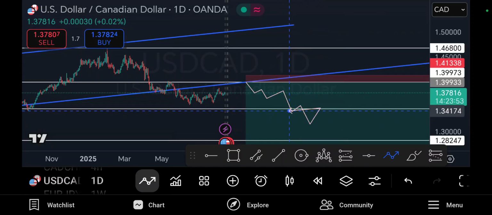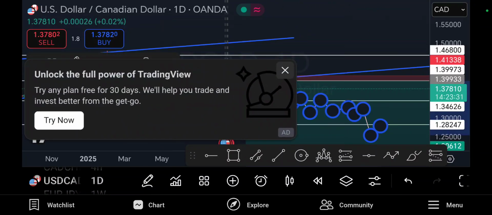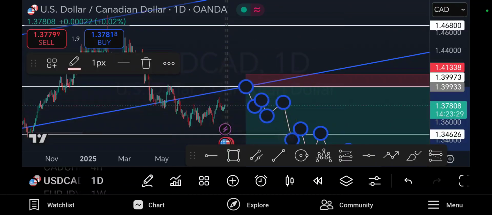Your job is to enter more sells here. It moves again, breaks this one a bit, comes and retests. You're basically just adding sells, and the more it goes down, the bigger the lot size you would add.